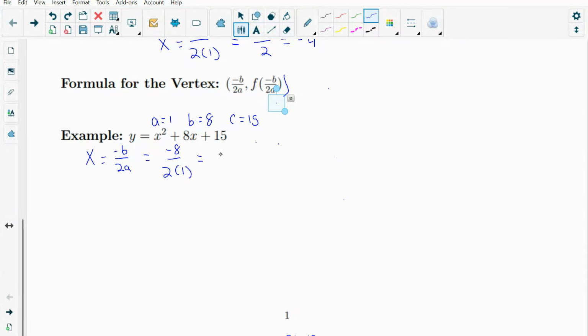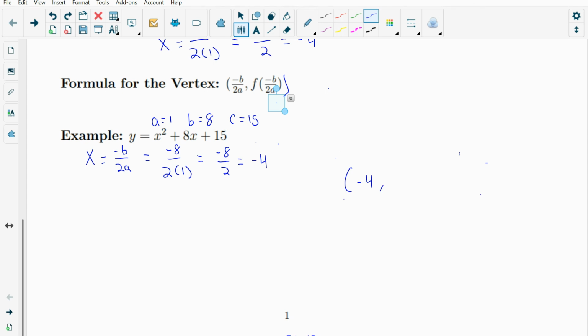This one could be the same quadratic that I just did. Negative 8 over 2, because I'm going to get that x equals negative 4. So when making my vertex here, I know that my x value is going to be negative 4. But now I need to calculate my y value.